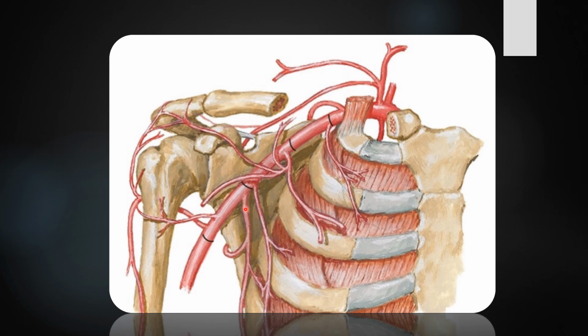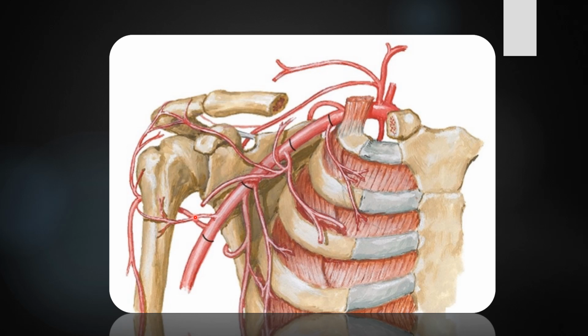The largest is the subscapular artery, which gives a branch, the circumflex scapular artery. The other two branches are the anterior circumflex humeral artery and the posterior circumflex humeral artery. So these are the branches which arise from the axillary artery.